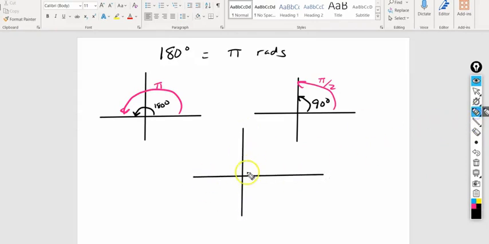And of course, we had that in degrees. Now, what would that be in radians? Well, it would be pi radians plus a further pi over 2. And I'm going to get 3 pi over 2.